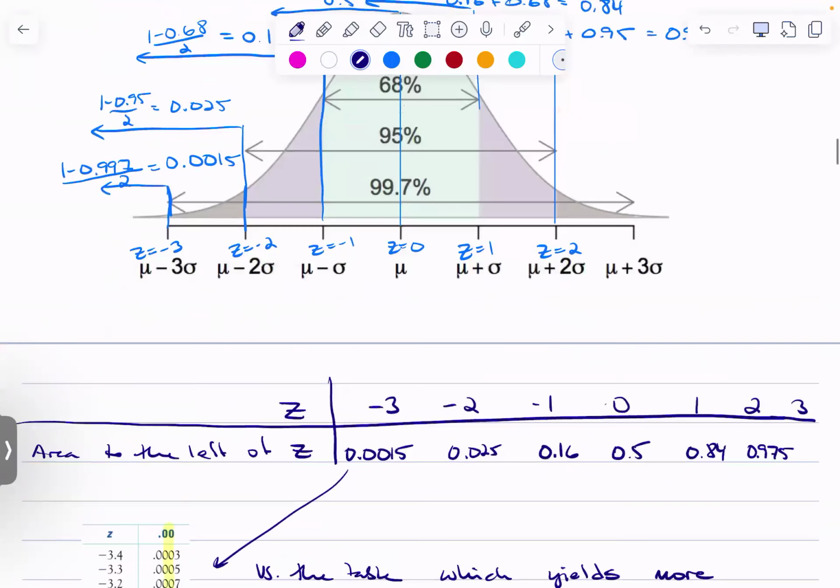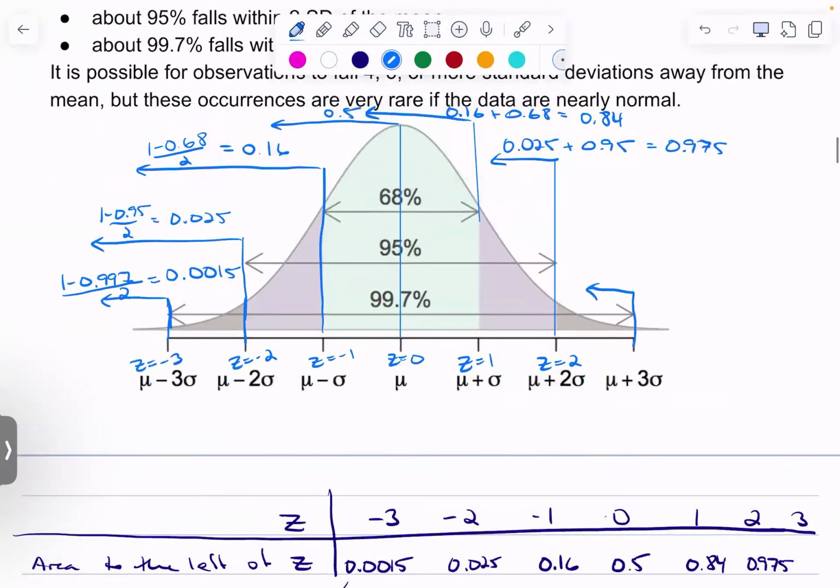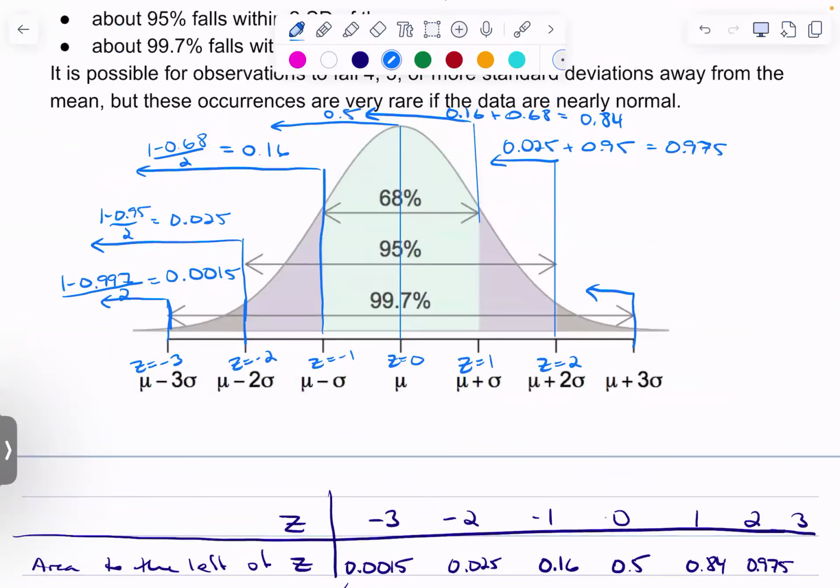Okay, here we go. This one has to be the 0.0015 plus 0.997. I want to mix up my decimals, so that's 0.9985.